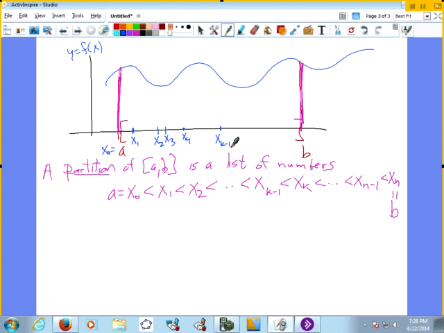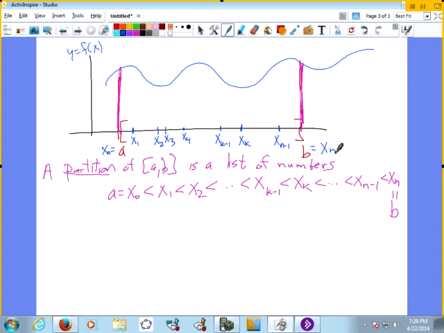Out here is x of k minus 1, just a typical interval. Here's x of k. The next to last point is x of n minus 1. And then the right-hand endpoint is point number n. I put no restriction here. I've not said the points have to be equally spaced. Basically, you can do it any way you want.